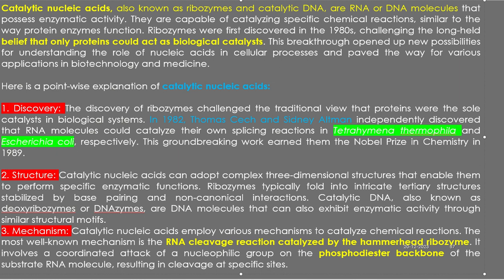Now, another point you have to write is structure. As you know, nucleic acid has a three-dimensional structure. So catalytic nucleic acid can adopt a complex three-dimensional structure, and then they have a specific function to perform. So, what is the function of ribozyme?